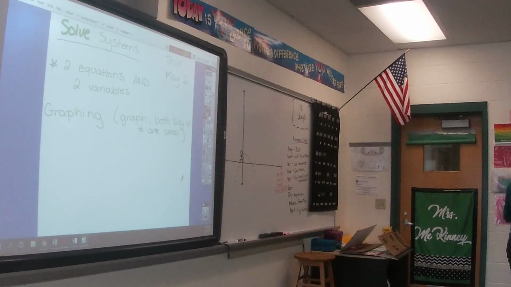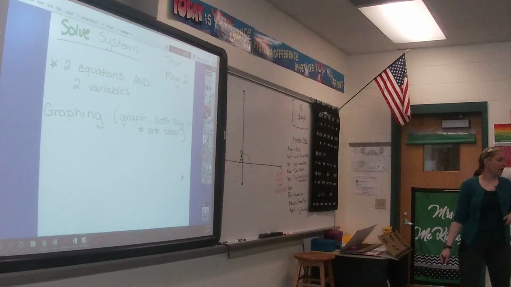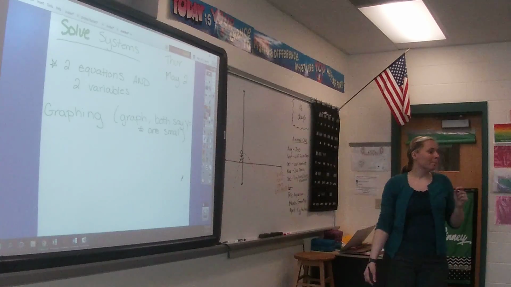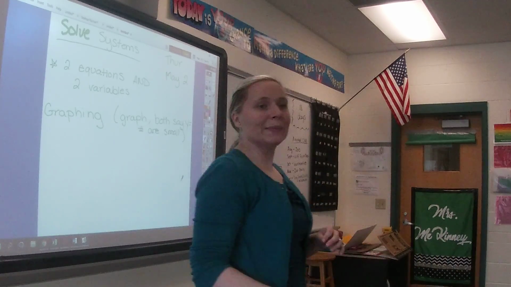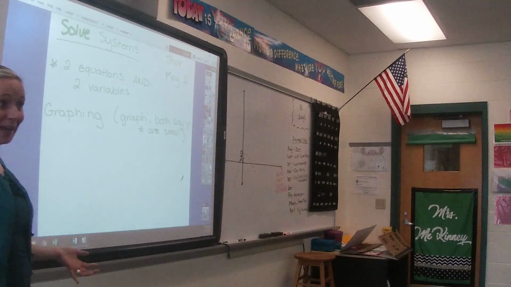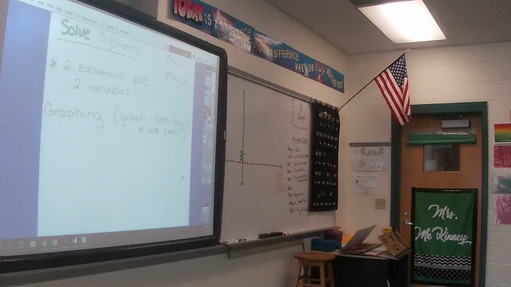It is not fun to graph y equals 452 over 375x minus 1,473. I mean, that's just not realistic. Our graphs would be ridiculous.